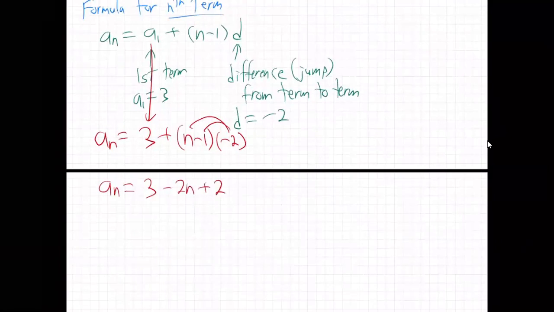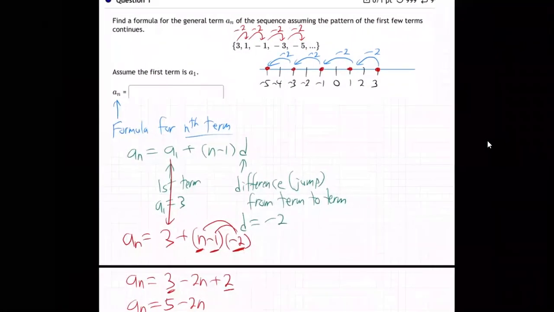Does that make sense? That minus 2 went there and there. And so a sub n equals 3 plus 2, 5 minus 2n. Like that, 5 minus 2n. There's the formula. a sub n is 5 minus 2n.